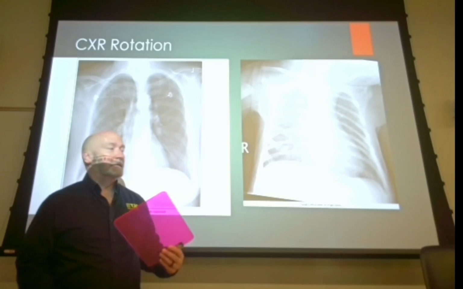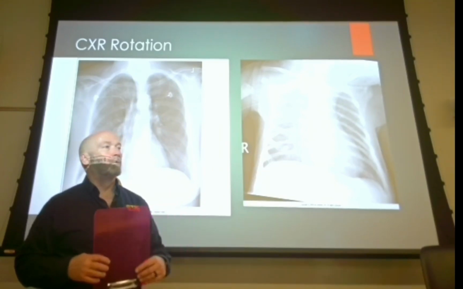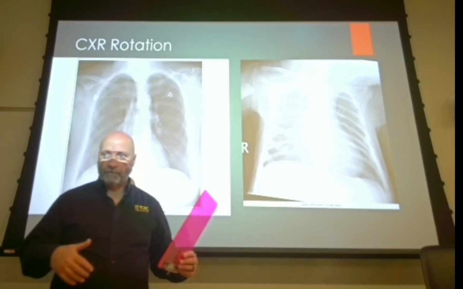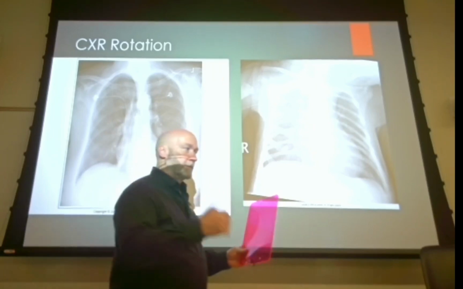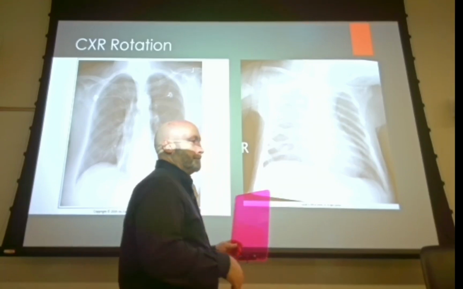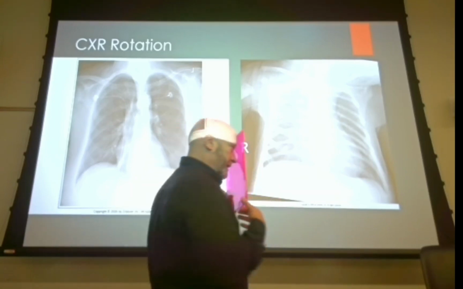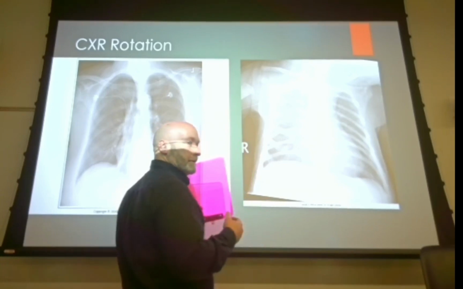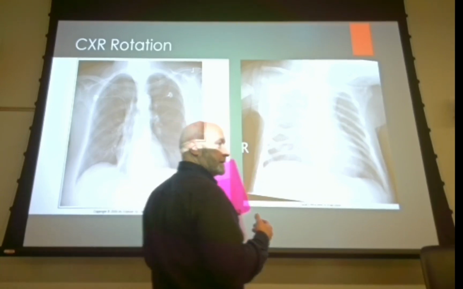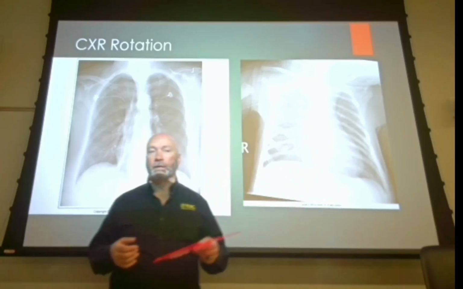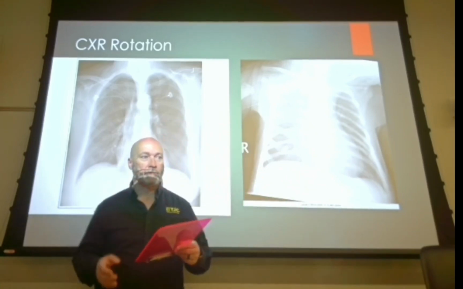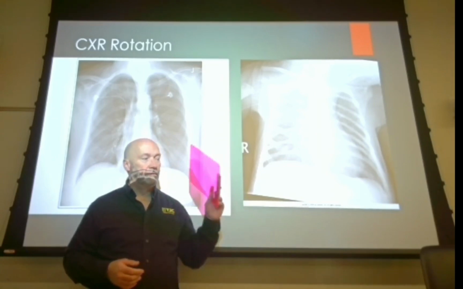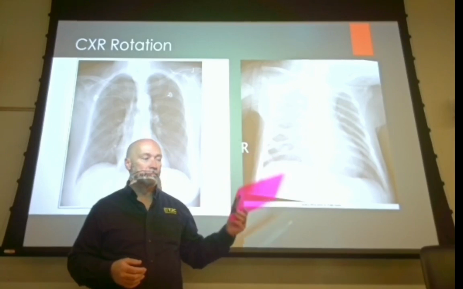So do you think that kid is going to be more compliant if you put him in this dark room and you sit him at the end of a table and you put this thing right in their face like this so they can't see anything? Or do you think you're going to get a more compliant patient if they can see everything that's going on? Probably AP. You're going to get a better outcome with kids AP.